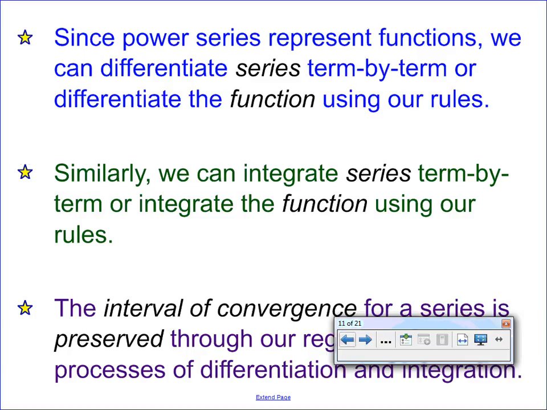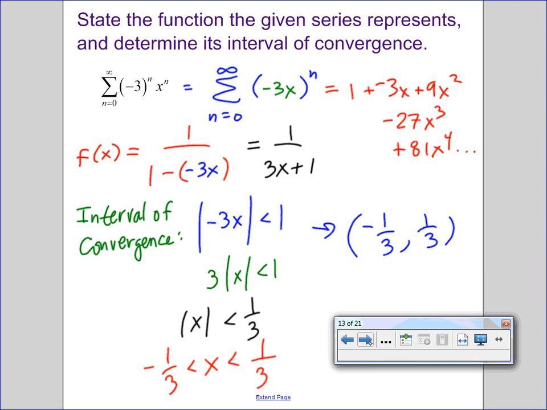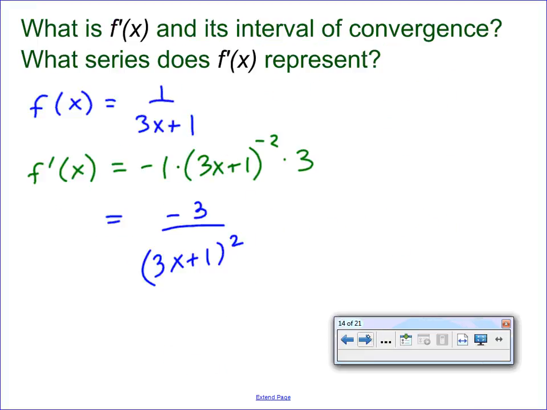Just like we differentiate a function using our rules, we could differentiate a series term by term, which means we could use our generalized expression for the nth term and differentiate that using our rules. Then I wouldn't have to go through trying to rewrite that and make it look like 1 minus x, so I could figure out the substitution. That would be a lot trickier.